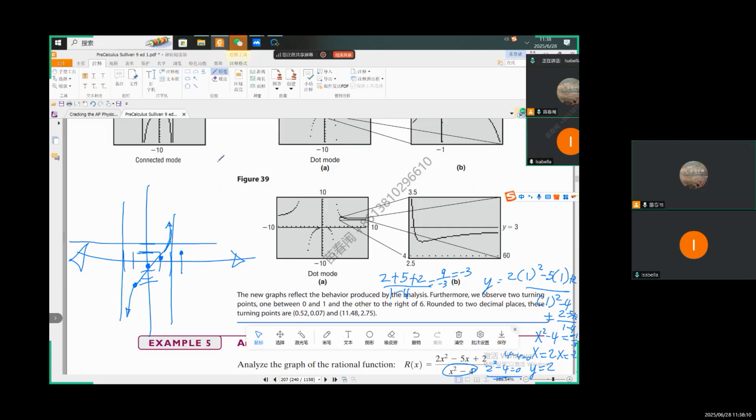Well, wait. Can you factorize the numerator? I factorized it. What are you talking about? That's the denominator. I said numerator. The numerator? What does the numerator have to do with anything?